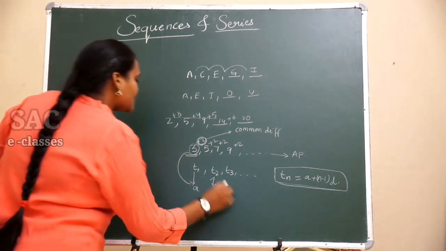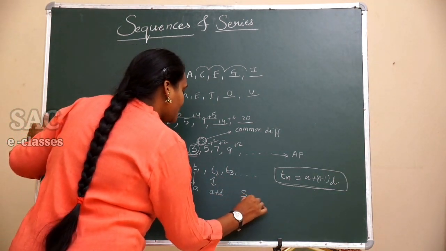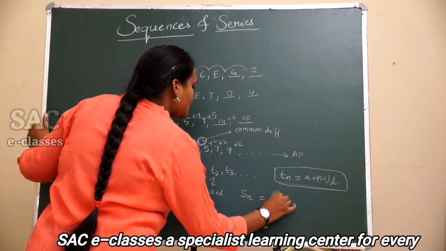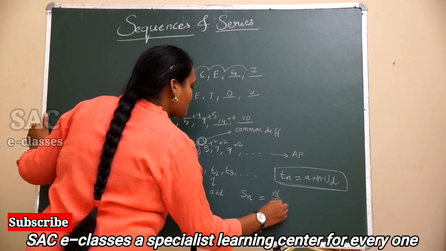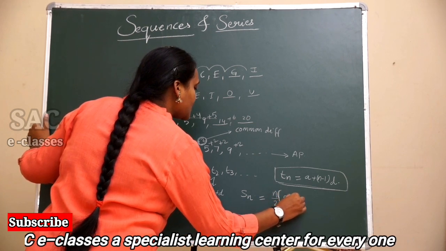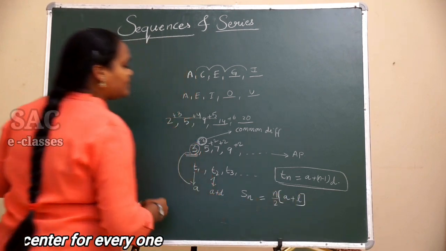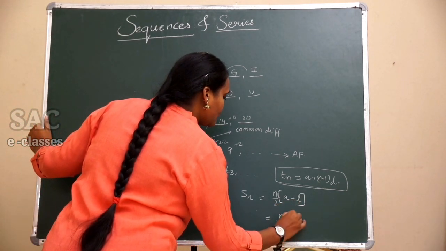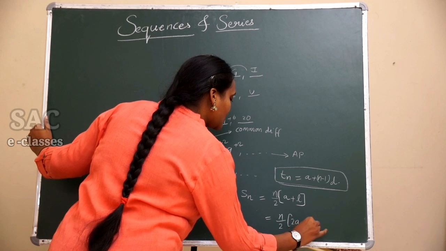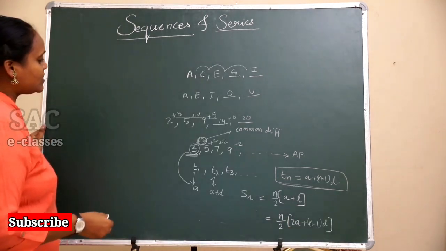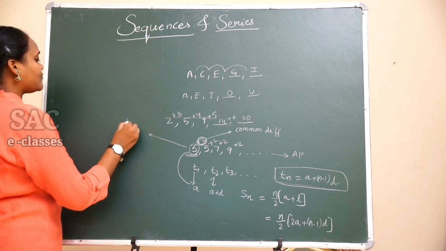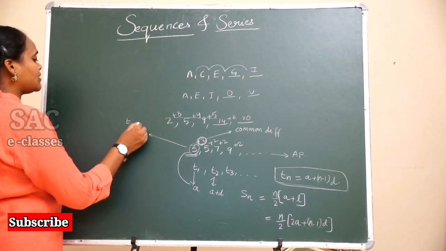In the same way, the sum of n terms of AP can be found using the formula n by 2 into A plus L, where L is the last term, and also n by 2 into 2A plus n minus 1 into D. Number of terms is always a natural number.